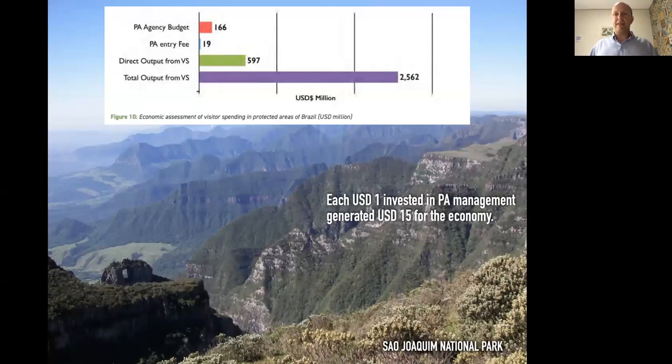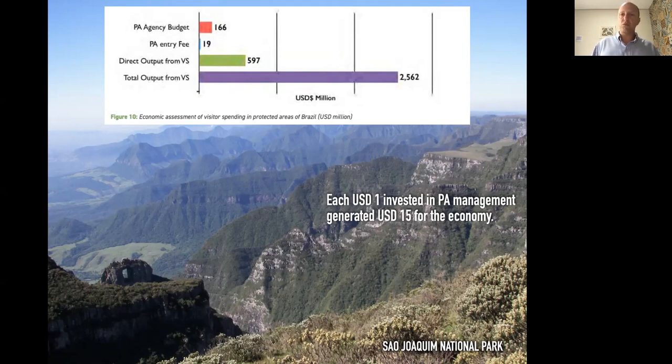With that same analysis, it was possible to show that while the protected area agency budget was around $166 million in 2018, and the park entrance fees were around $19 million, much less than the agency budget, the direct and the total output from visitor spending was much higher than the agency budget.